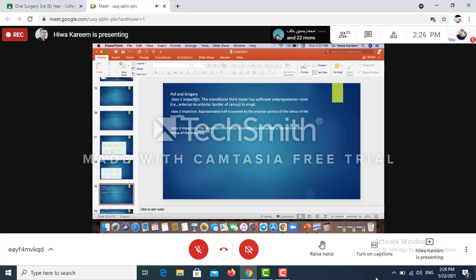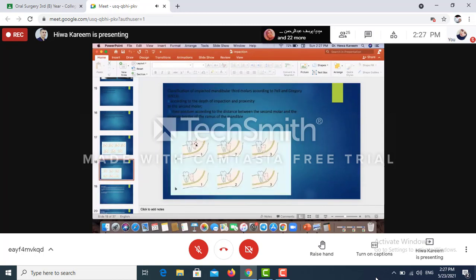Pell and Gregory classification, class 1 impaction: the mandibular third molar has sufficient anteroposterior room to erupt. This area is sufficient for eruption of the third molar.